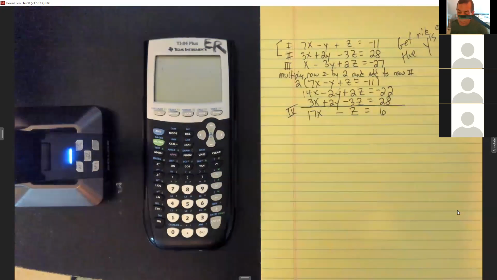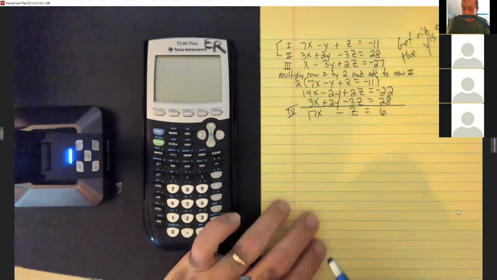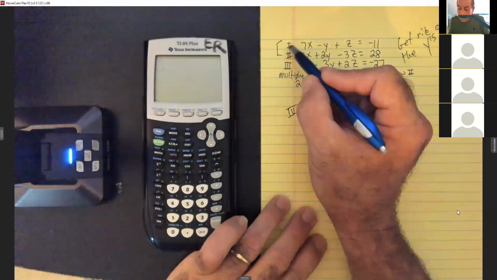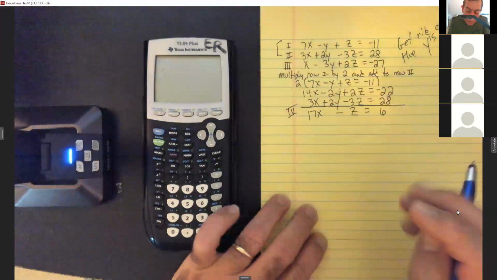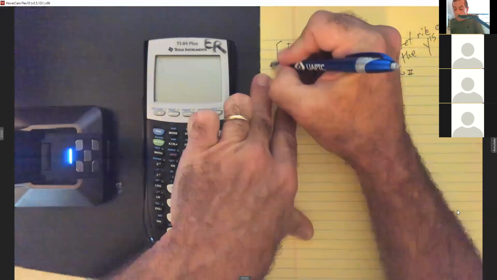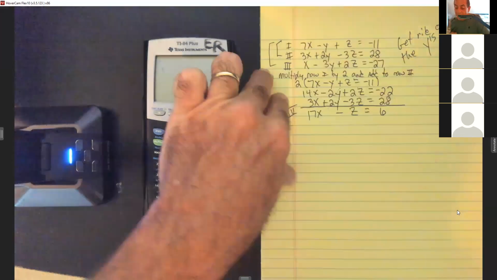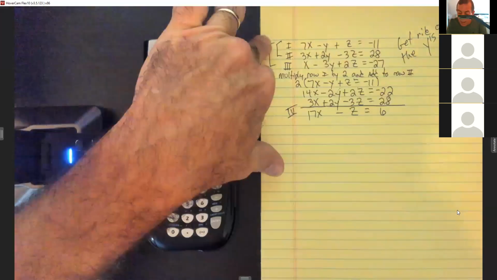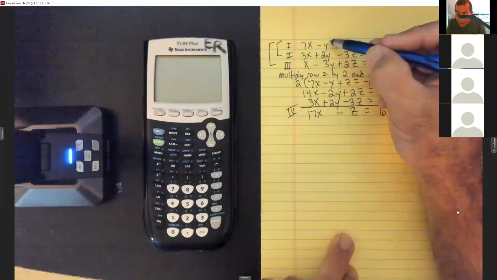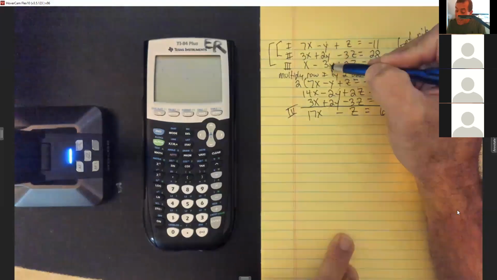All right, y'all, since I used row 1 and 2, I now have to use row 3, and I'm going to use row 1 with row 3 to get my 5th equation. Row 1 has a negative y, row 3 has a negative 3y.